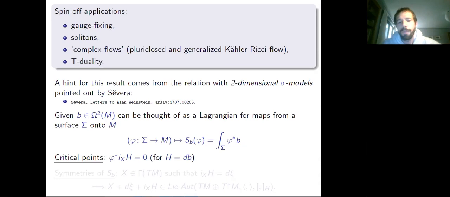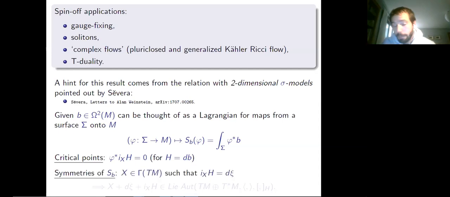So it means that we can regard solutions of these equations for a closed three-form as some sort of critical points for some two-dimensional Lagrangian problem, even if it is abstract. What I mean is that even if H is not exact, you can think abstractly of solutions of this equation as solutions for some two-dimensional Lagrangian problem.